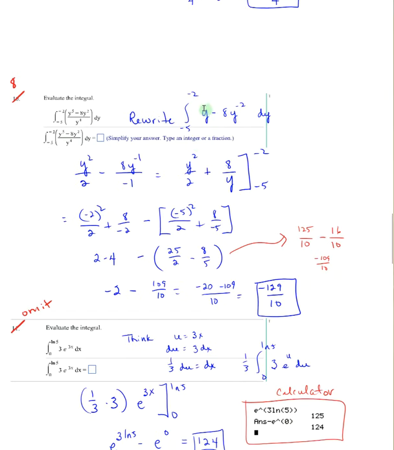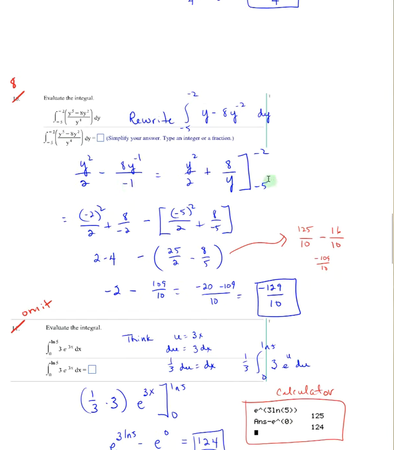And so this piece becomes y squared over 2 minus 8y to the -1 over -1, since we're adding 1. And because of this negative here, we're going to put the y on the bottom. So this becomes plus 8 over y. Those two negatives made it positive.